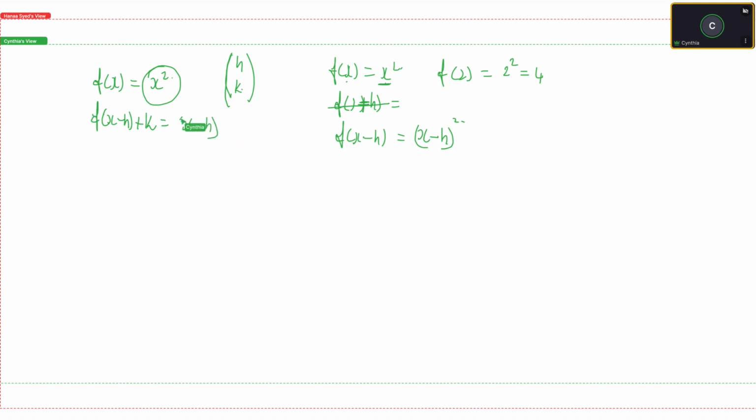Okay? So, not every time will you have a horizontal and vertical shift together. Sometimes when you have only a horizontal shift, it will be just h and 0. k will be 0. Then only a vertical shift.